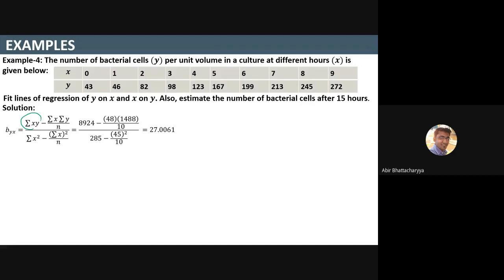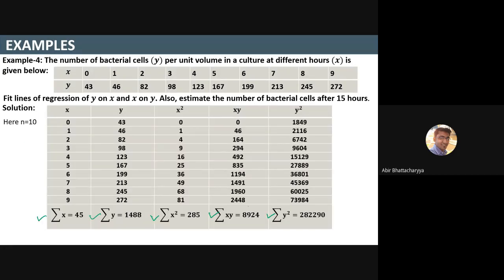Summation xy, check the table, it is this one. You have already calculated the table as a reference. Now just put those values into the formula, and we'll get the results.